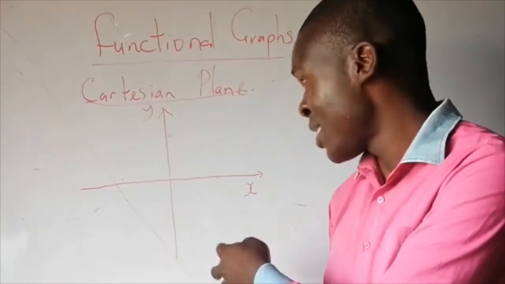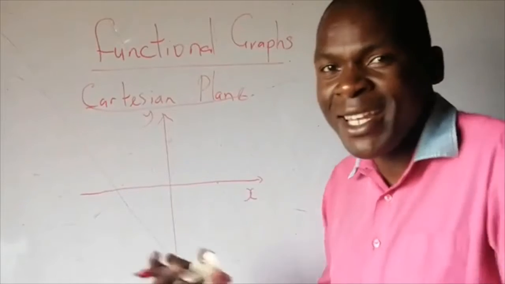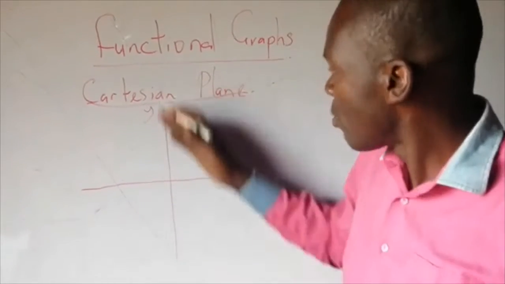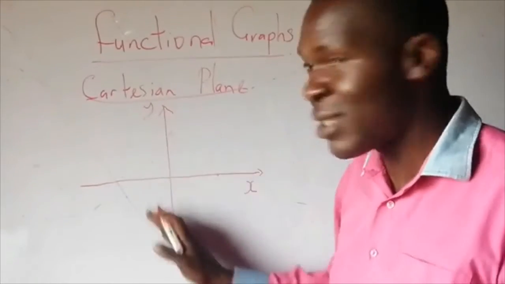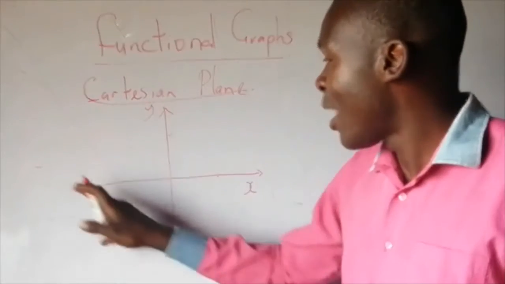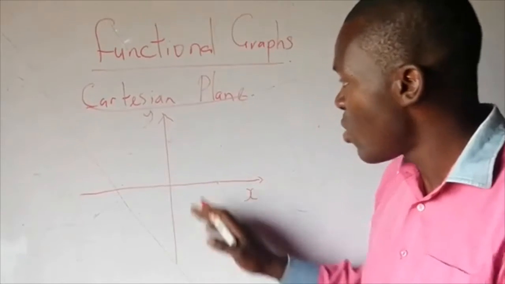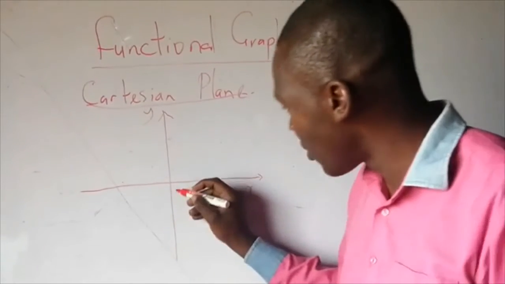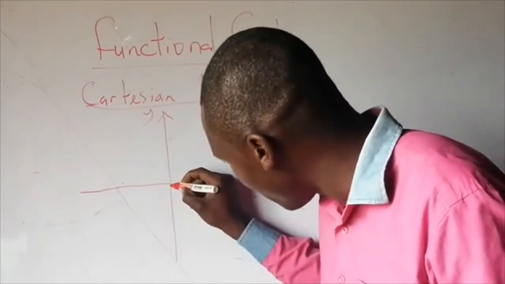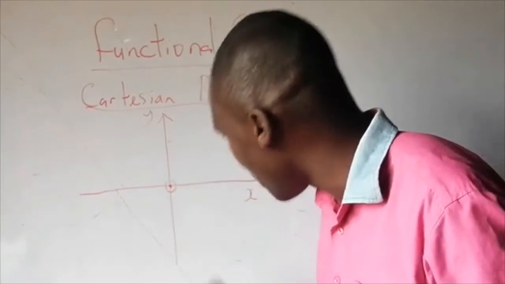When you want to draw a Cartesian plane, think of a number line. The vertical line represents the values of y, and the horizontal line represents the values of x. Where the lines intersect, we call the place the origin, which is 0.